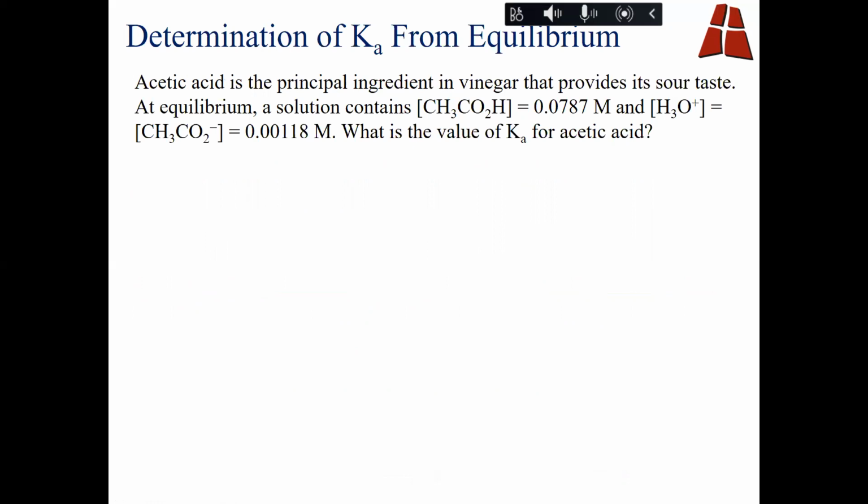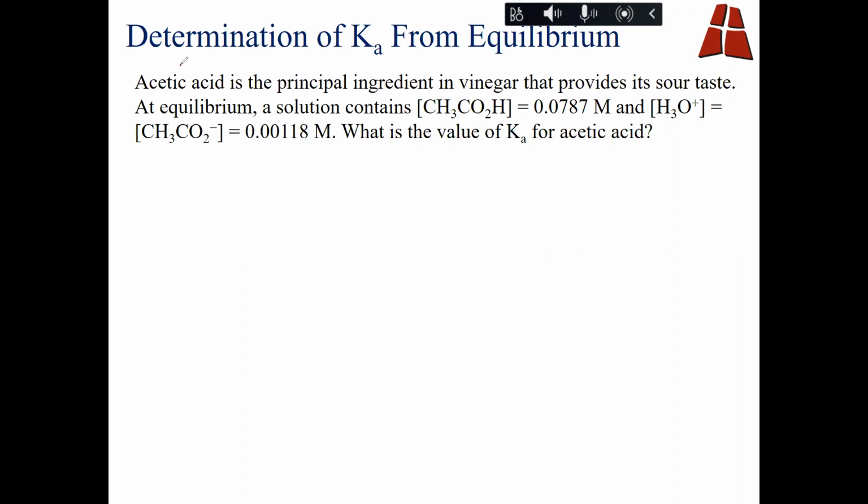And so here's a practice problem for how you could determine K from data that was collected. Let me get my drawing tool up here. We can go through this. In this example, we're talking about acetic acid, which is essentially what makes vinegar vinegar, gives it its sour taste.